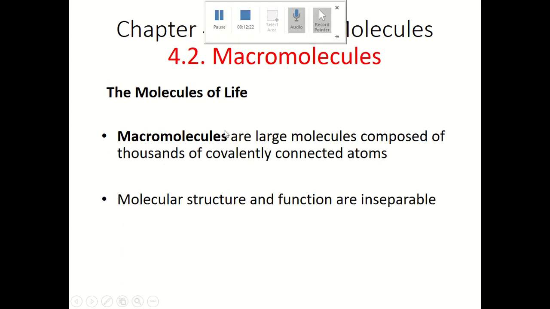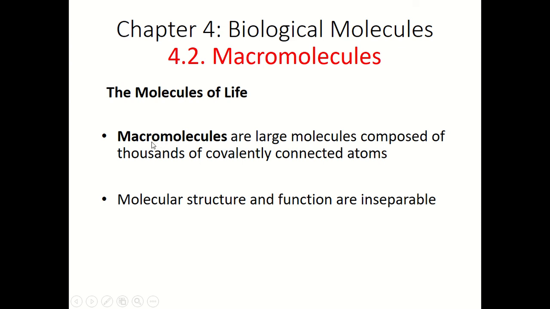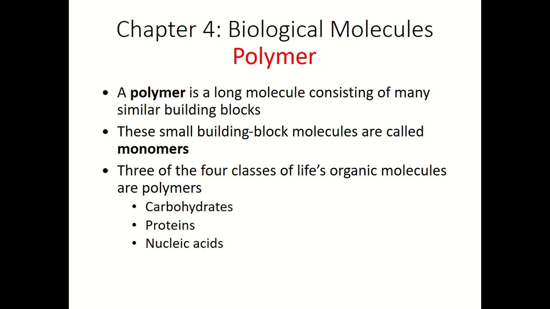Macromolecules, meaning big molecules, are large molecules composed of thousands of covalently connected atoms, and molecular structure and function are inseparable, meaning the structure will give specific functions to the molecules. Different structures will give different functions.